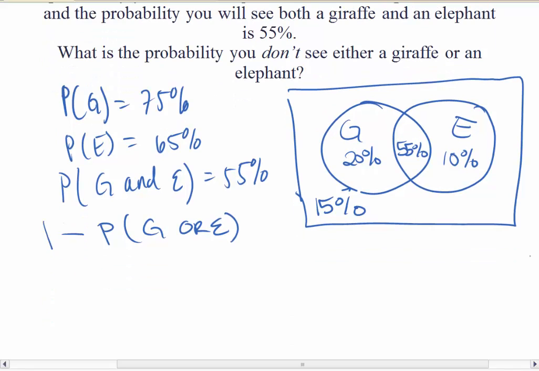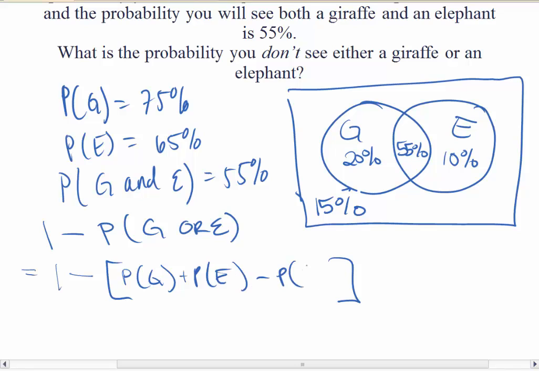So if we want to do this using the formula, this is 1 minus the probability of G or E, which again, using the general addition rule, we can find this to be equal to probability of G plus the probability of E minus the probability of G and E, which is equal to 1 minus the probability of G, 75%, plus the 65% for E, minus the 55%, our intersection.